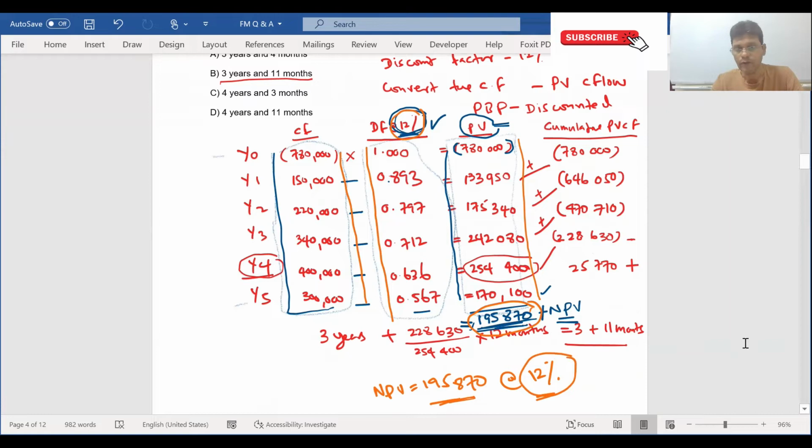Now we already have one net present value, which is at 12%. Now what we have to do is select another discounting factor that will give us a lower or negative net present value. Now, when you take the higher discounting rate, as a rule of thumb, I would say keep a gap of 5 to 10% more than the lower discounting factor.